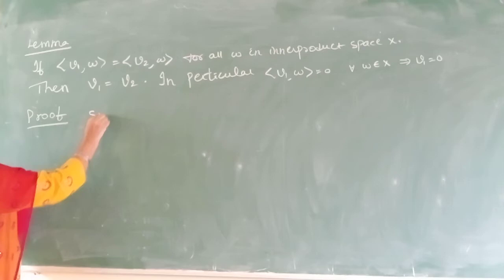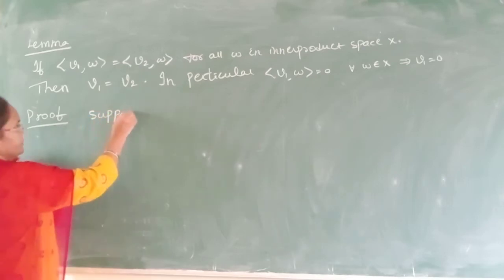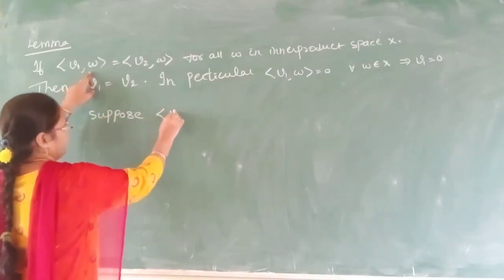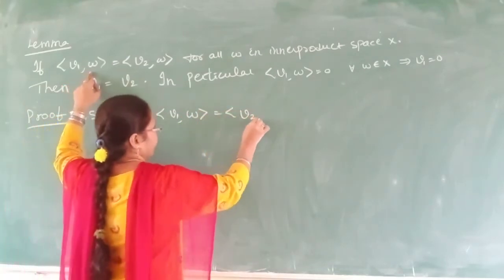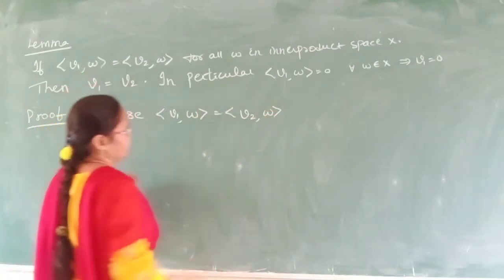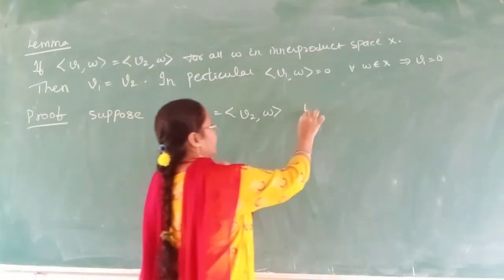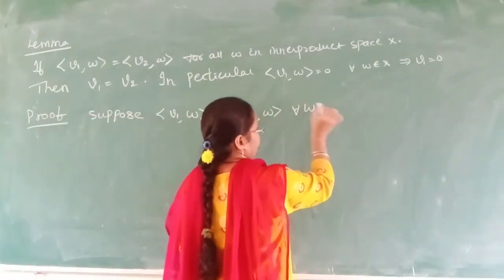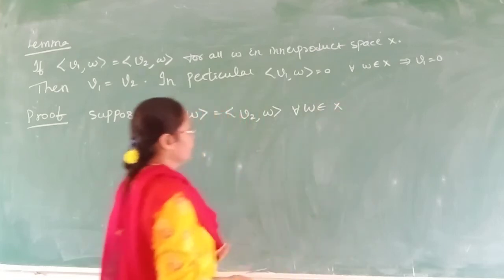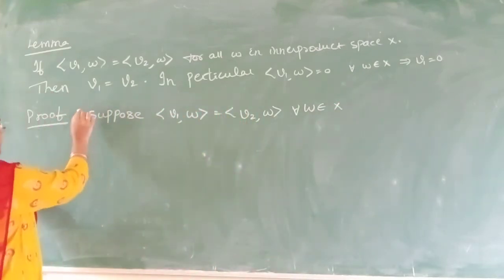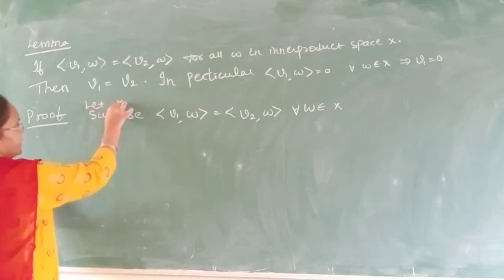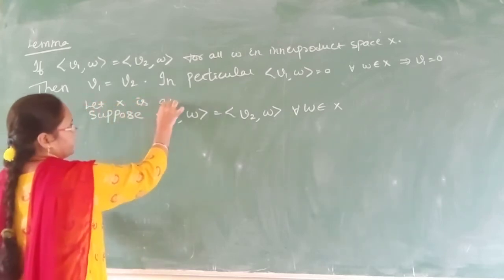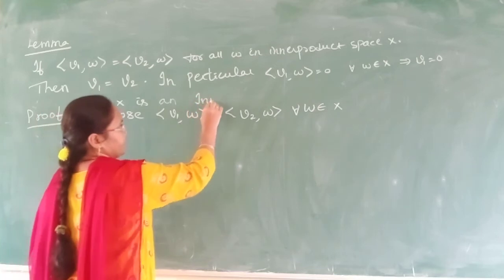Suppose the inner product of V1 comma W is equal to the inner product of V2 comma W for all W belongs to X. Here we are taking one more condition. Let X be an inner product space.